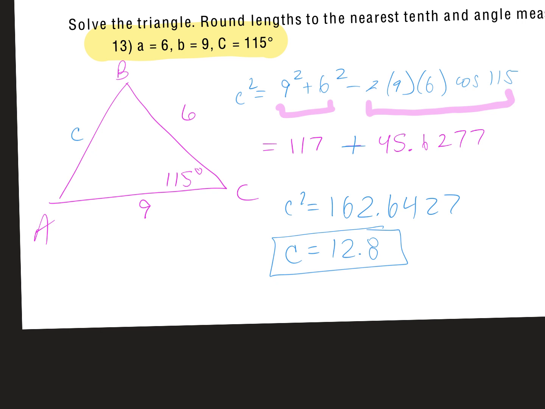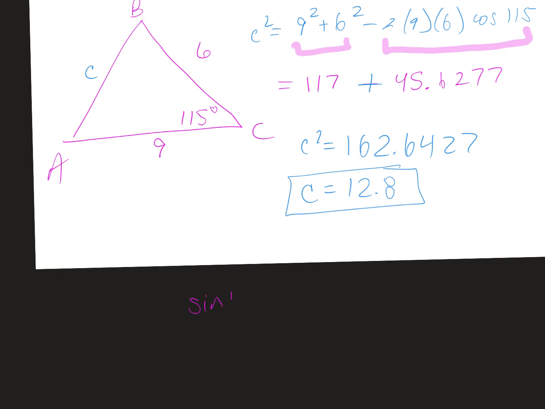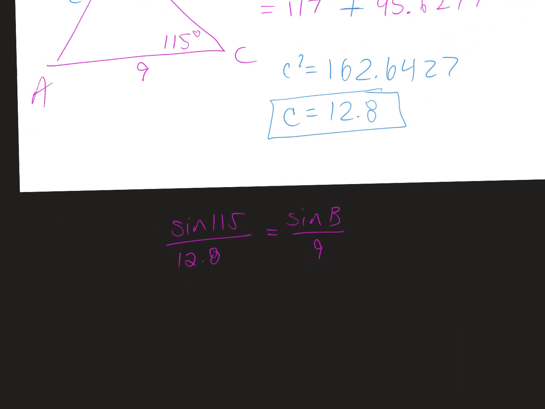Now, angle C is obviously the biggest because there's only 180 degrees in a triangle, so the other two can't be bigger than 115. So go in order. What would be the medium-sized angle? B. So let's find B. Let's say the sine of 115 over 12.8 equals the sine of B over 9.